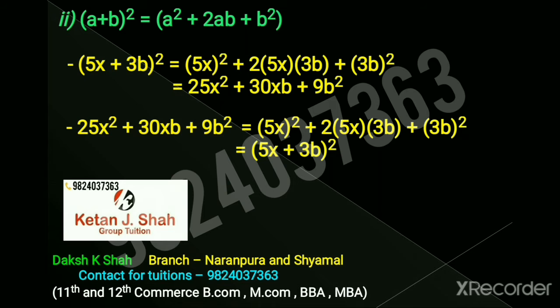When you are given three terms, and the first and the last term are squares of a number, try to put that equation into this formation. If you are successful in putting that equation in that formation, then you just need to write the first term and the last term and make it whole square.